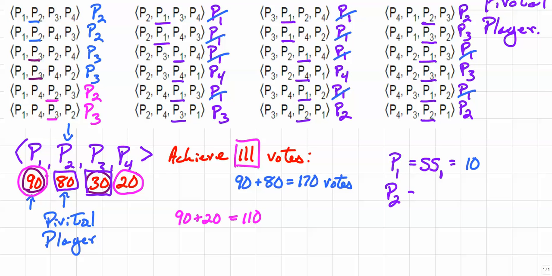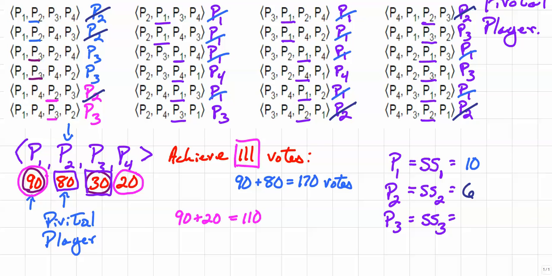So now we're going to go ahead and find p sub 2, which will be SS sub 2. And that will be equal to, well, let's see, there's 1, 2, 3, 4, 5, 6. Then we're going to find p sub 3, which will be SS sub 3.